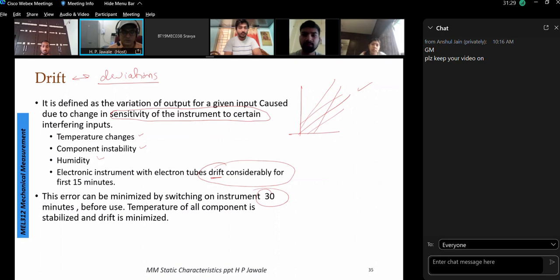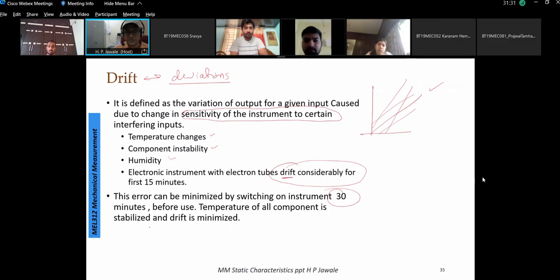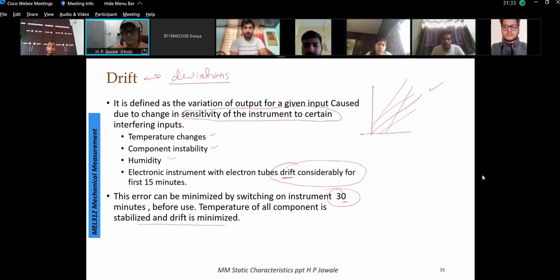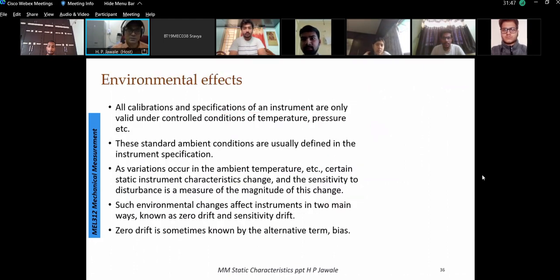So the temperature of all the components is stabilized in this time of 30 minutes starting before the actual experimentation, and then it will be stabilized. All components will start working in the stable condition, and thus this kind of drift can be minimized.